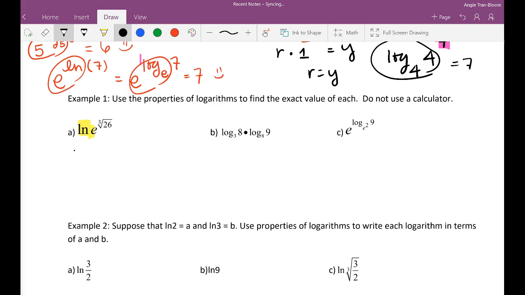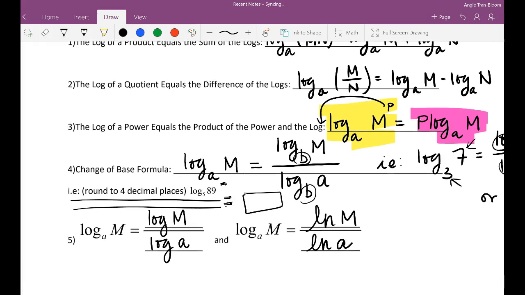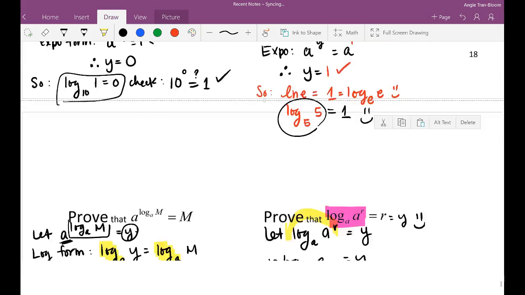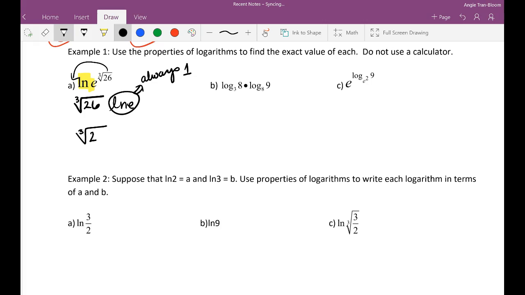So if that's an exponent, you can use the multiplication rule. See this right here? When you have a power in a log, it becomes a multiplication. So I can write this power, bring it to the front, times ln of e. Well, ln of e is always 1. So my answer is just simply the 3rd root of 26. Okay, so these kinds of problems should be super easy.